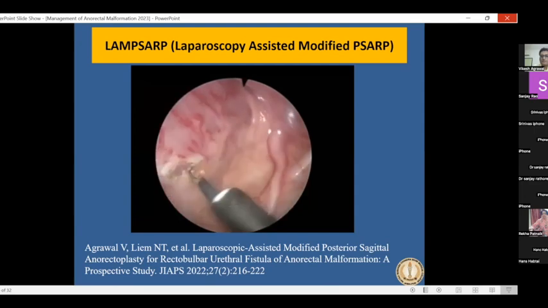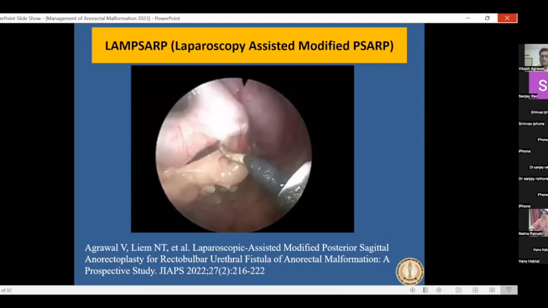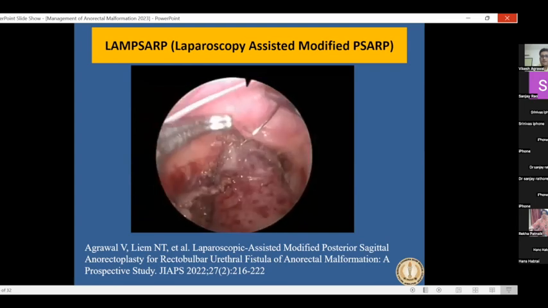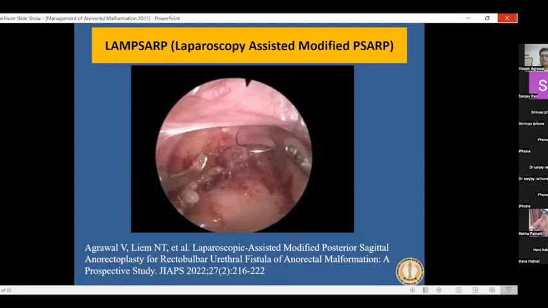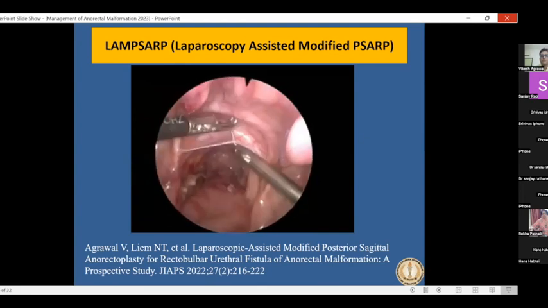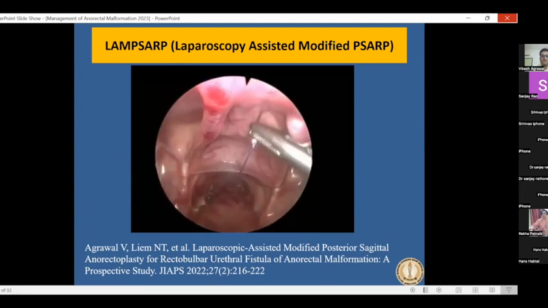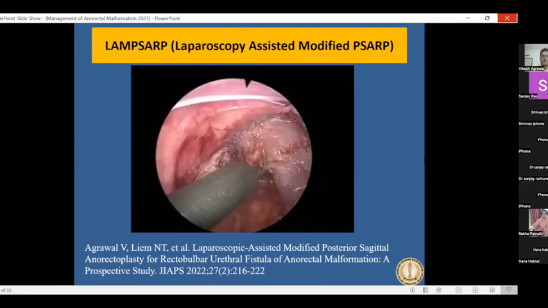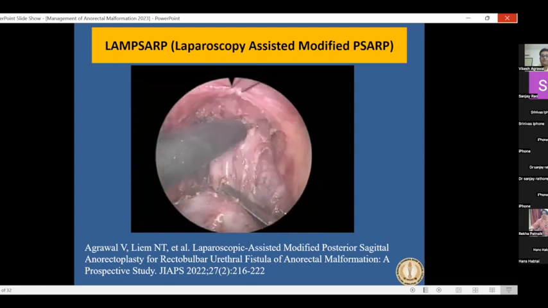The abdominal part is similar to what we do routinely for other cases. This is the mobilization of the rectum, and a bladder stitch helps you give good exposure of the fistula. Usually it's not required in a rectoprostatic fistula, but in a bulbar fistula or a low rectoprostatic fistula, you have to take the bladder stitch.